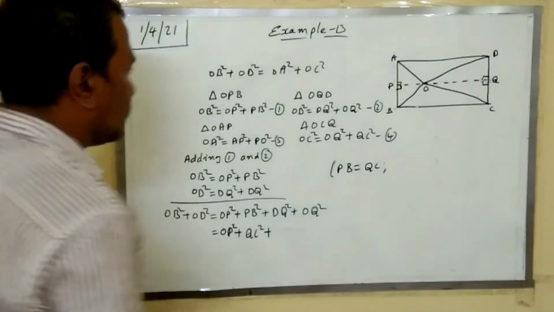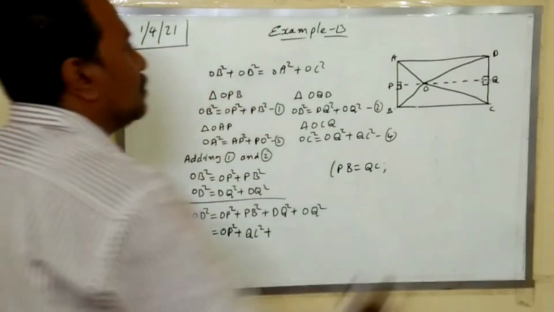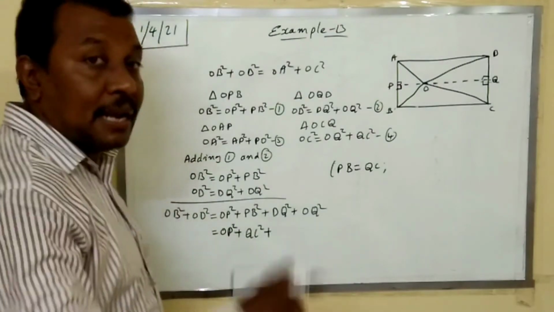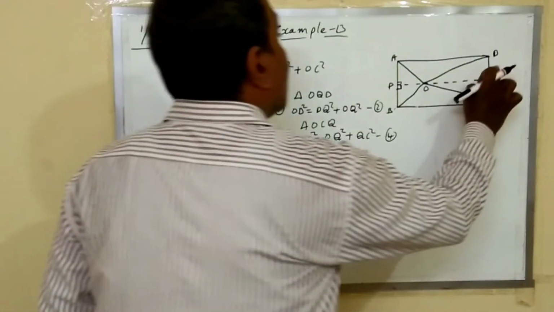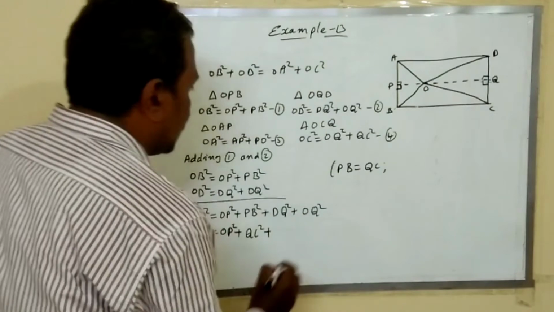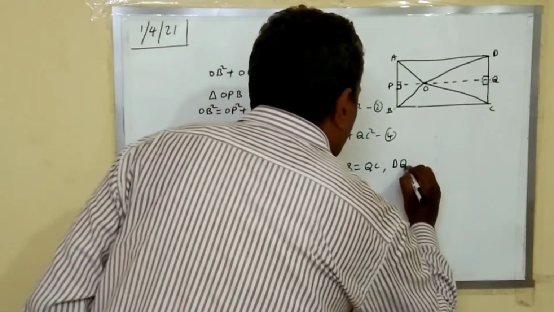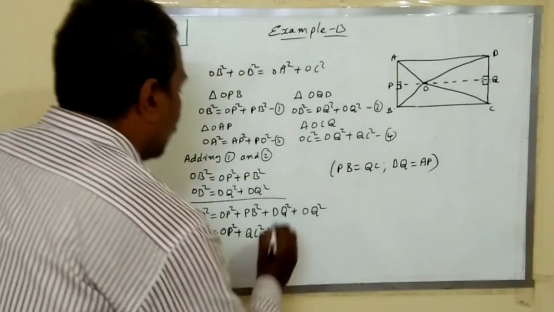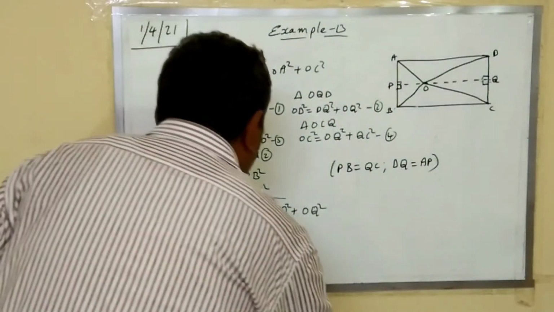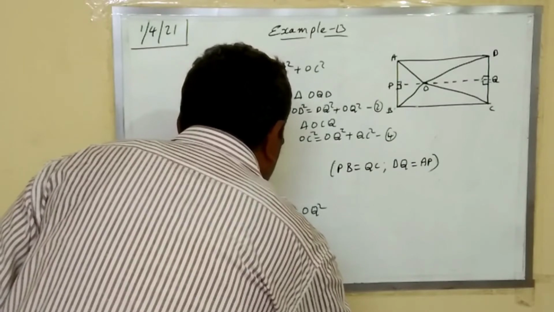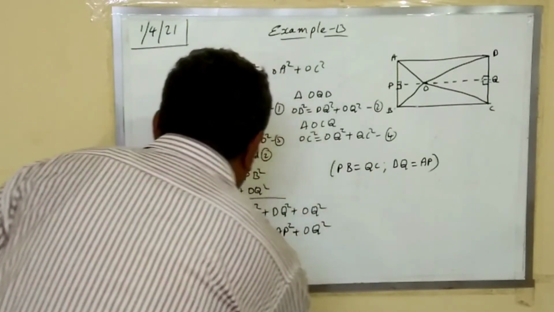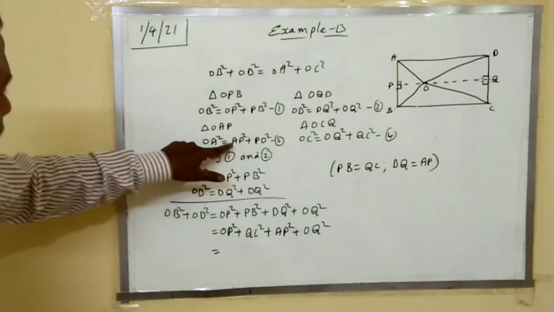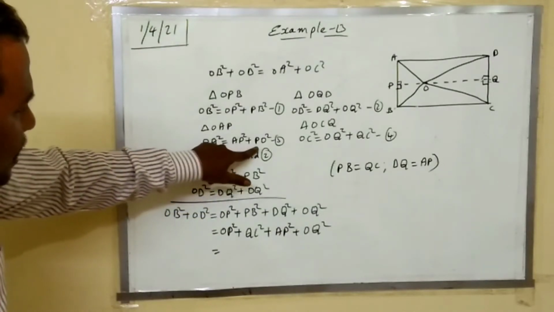Next, what about DQ? This is again a rectangle, and again opposite sides are equal, so DQ is equal to AP. So in place of DQ I write AP square plus OQ square. Now observe the third equation, AP square plus PO square.